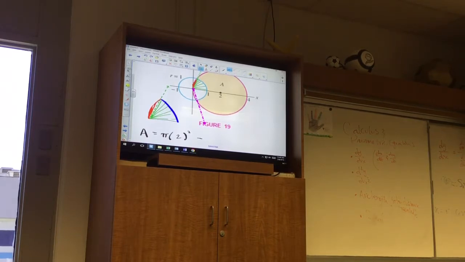So let me say it one more time, and I'm going to get up here. What we're doing is finding the whole area of the entire circle that's within the pink. Minus, now what I'm saying is if I have that green and then I find that red and then I double that, then that's going to be the whole region that needs to be removed from the big pink circle.